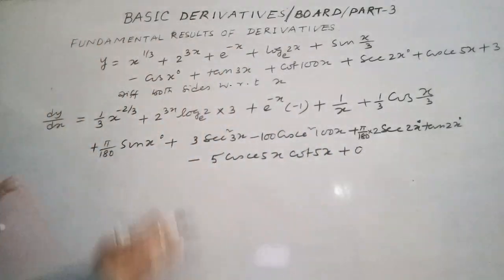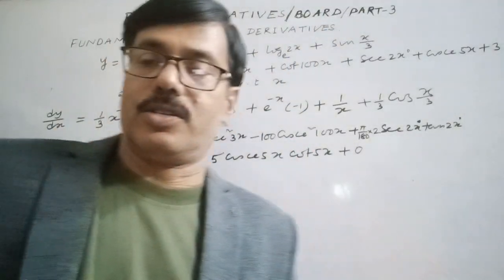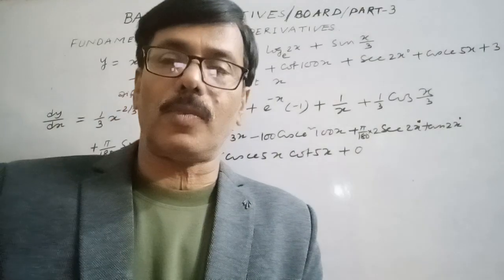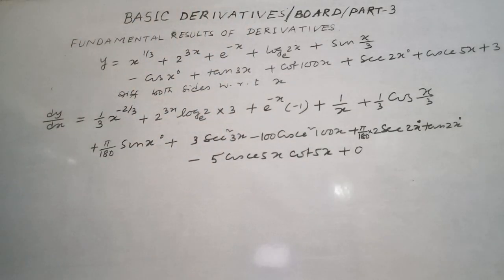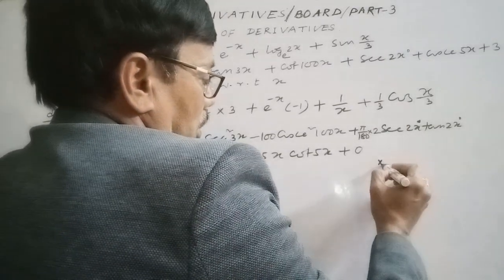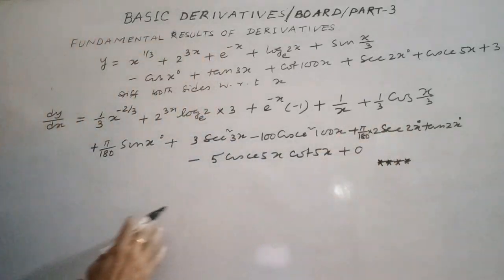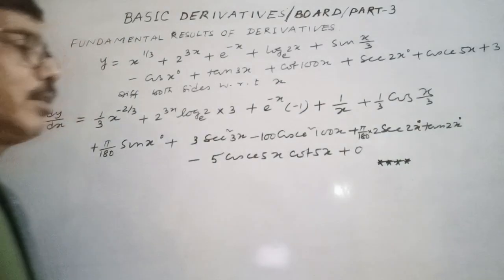So y is given in terms of 10 standard functions. So this is dy by dx. So use of fundamental results of derivative. Your main aim is to memorize derivatives of 10 standard functions.